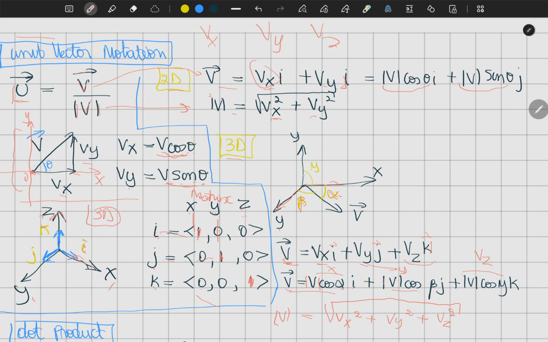For vz you're going to have a k there, so this is vz times k. Similar to what we did for 2D, we just repeat ourselves. So this is 2D, and this one is 3D.